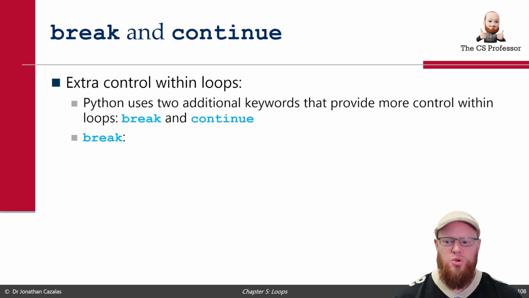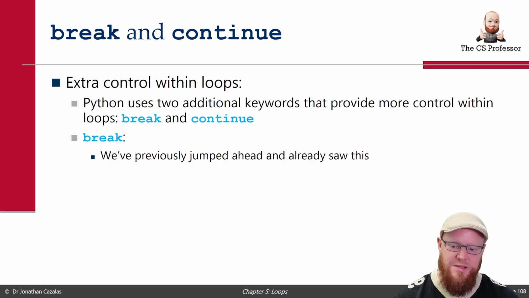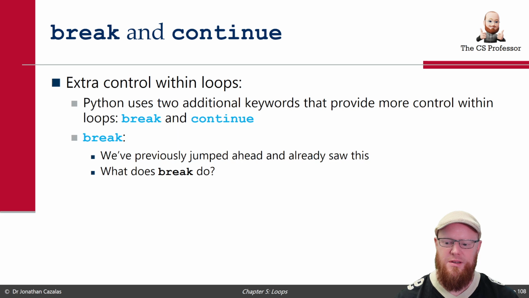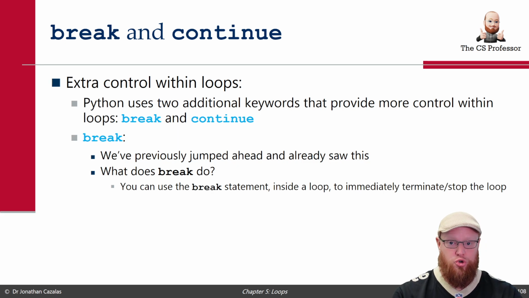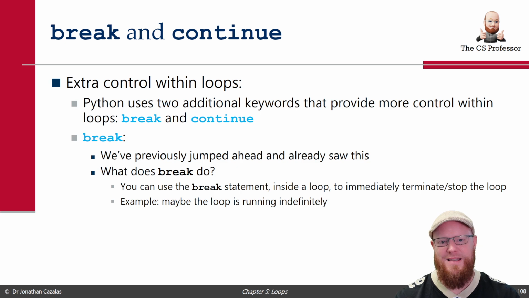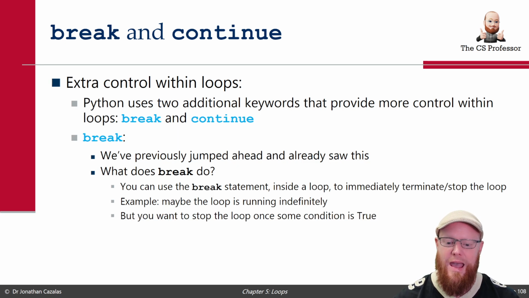These are two means that we have of getting extra control within our loops. Now we've already seen break, right? We jumped ahead previously and we saw that when we use break inside a loop with an if condition as part of a Boolean expression, if that Boolean expression is true and we type break, it stops the loop in its tracks and we break out of the loop.